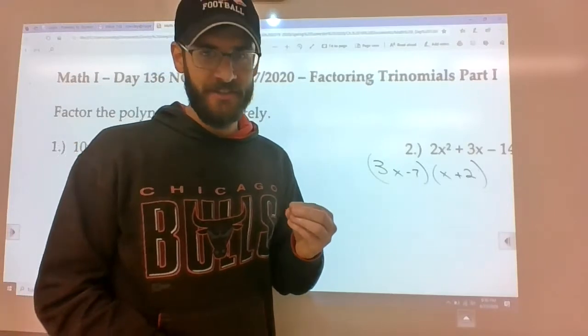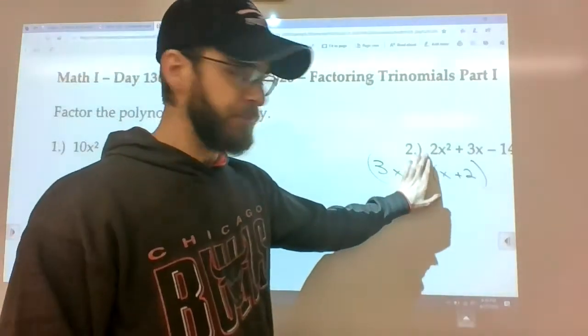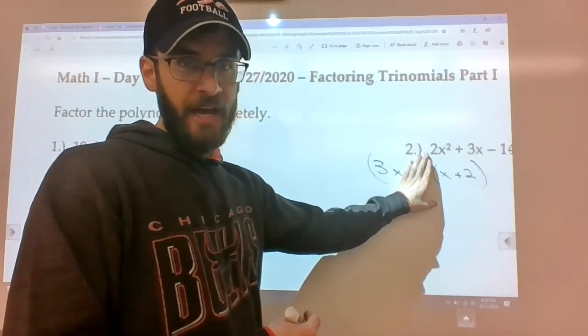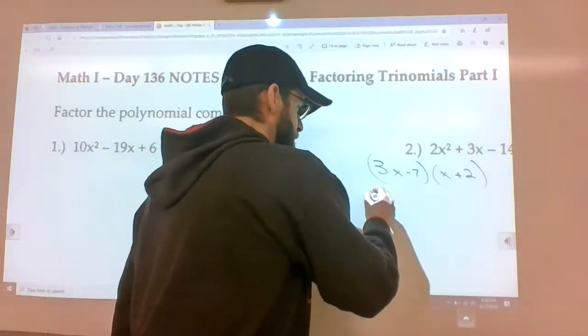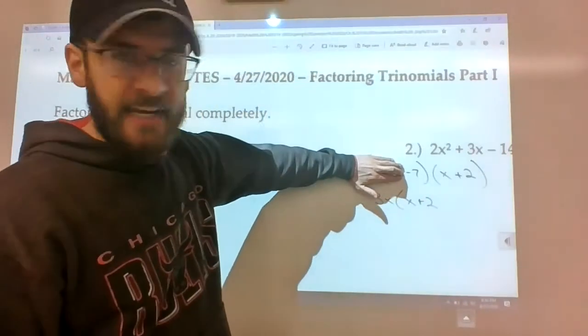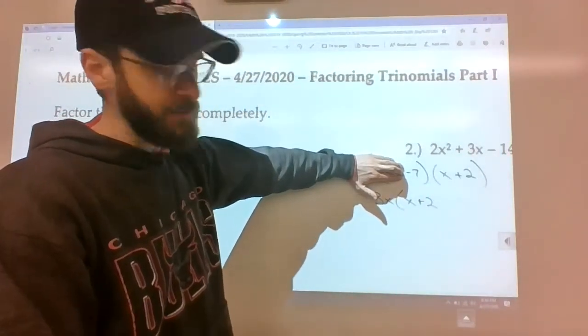Now remember, here was the process for multiplying these out. We would always say, take 3x, rewrite it next to the x plus 2, because we're multiplying 3x times x plus 2. And then we're taking the negative 7 and multiplying that by x plus 2.